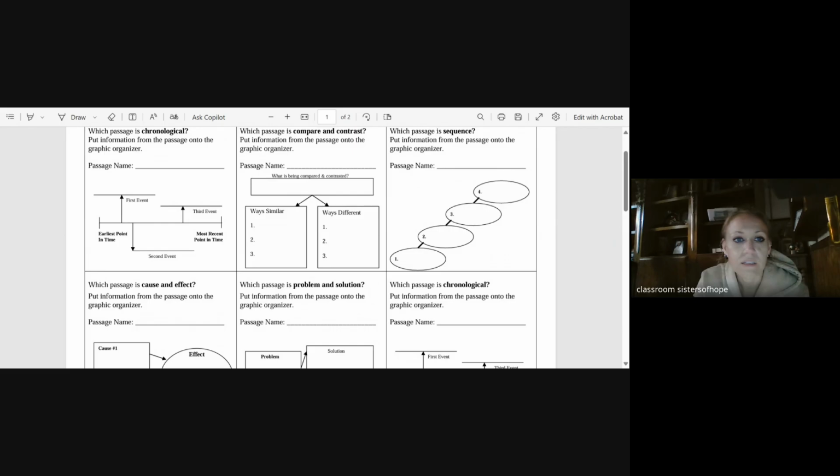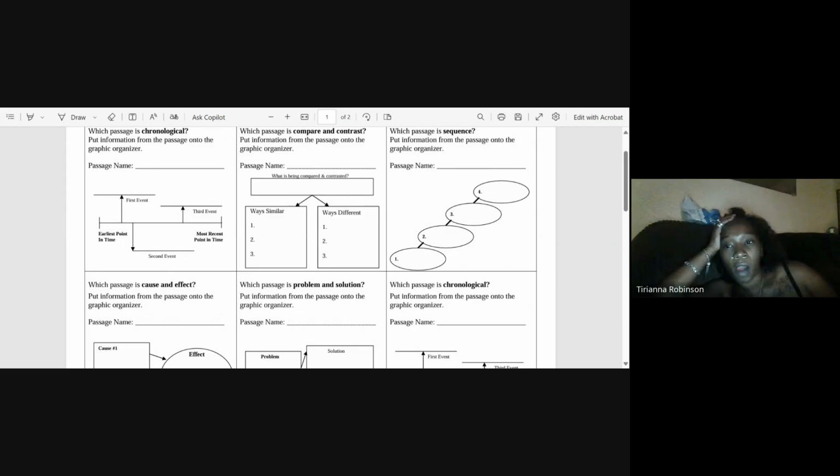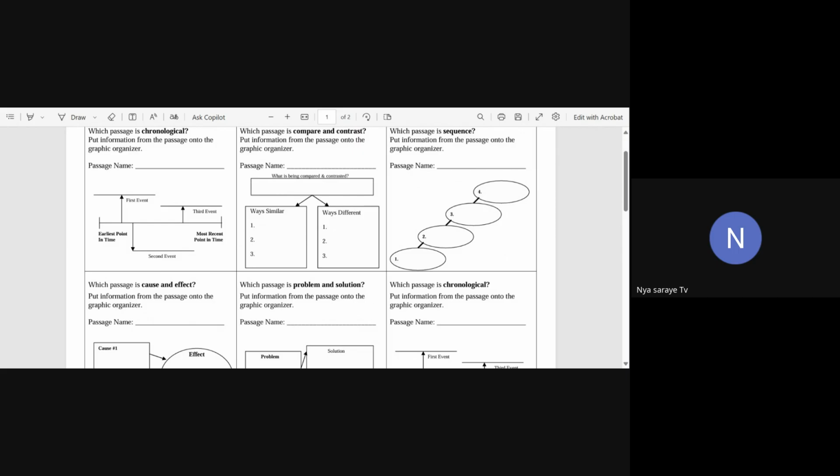What's the topic of this? What is it about? Who or what? This one's going to be about Bobby Fischer, Robert James Fisher, and it's telling about his life. And if it's telling about his life and how he grew up and then became a good chess player, cause and effect, possibly. That one is chronological, probably.